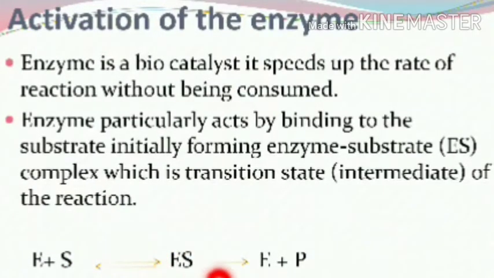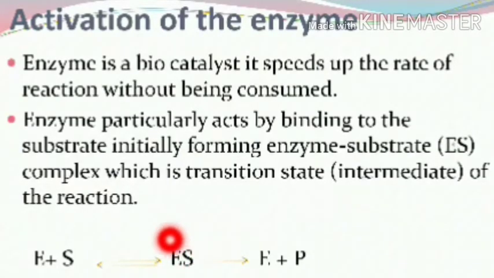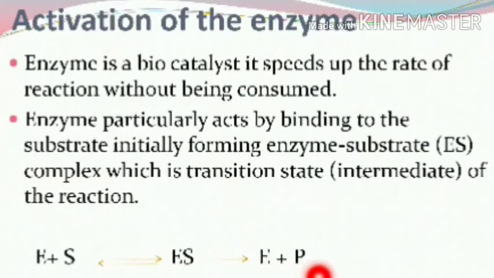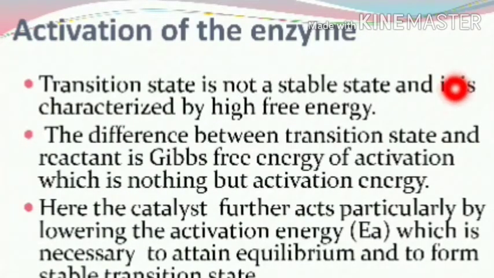This intermediate stage is termed the transition state. The meaning of transition state is intermediate state. And when this intermediate state further becomes stable, the substrate molecule is converted to product. This is the basic reaction.